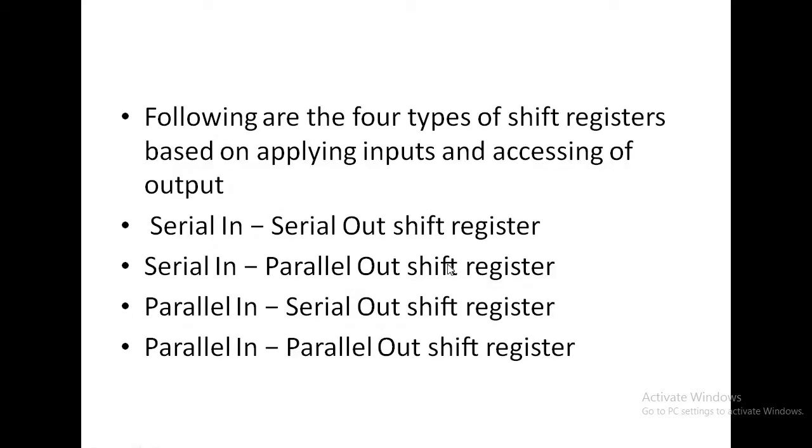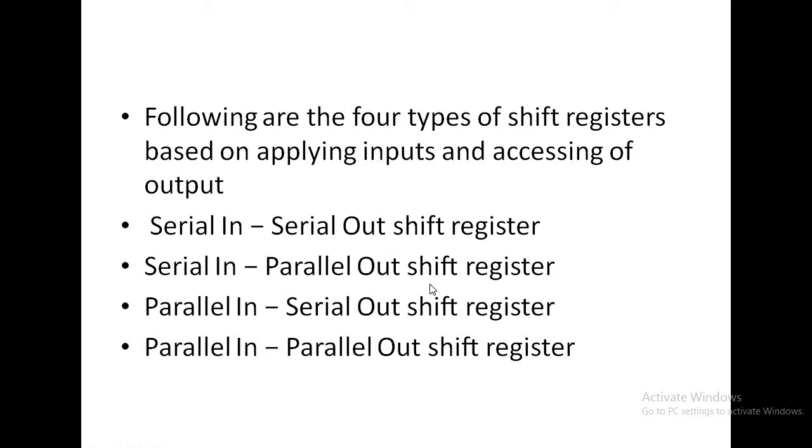Different types of registers are generally used, or we can say that 4 types of shift registers are generally used. That is serial in, serial out shift register, called SISO.